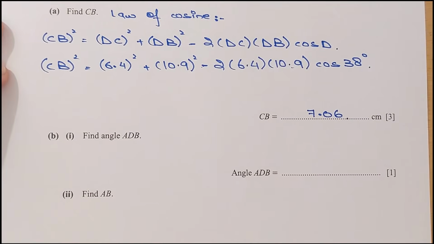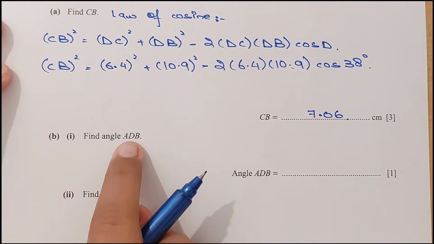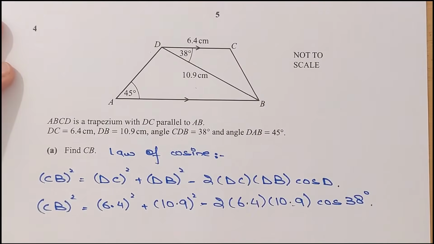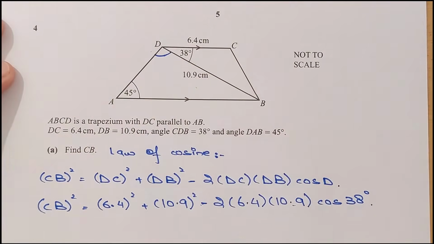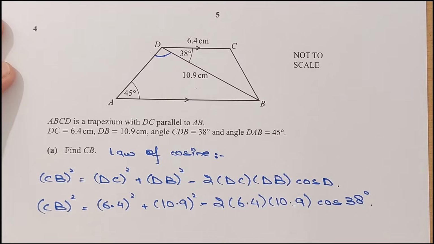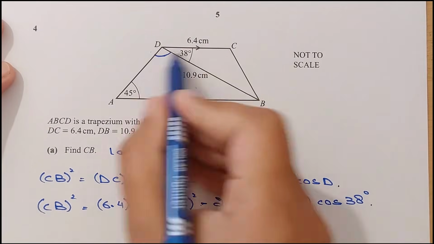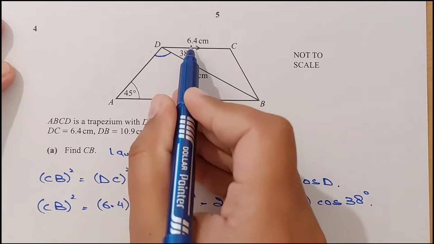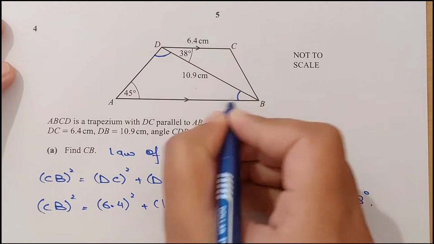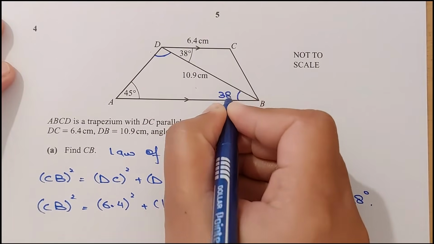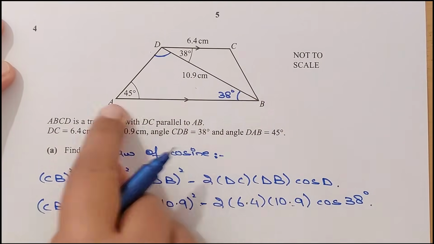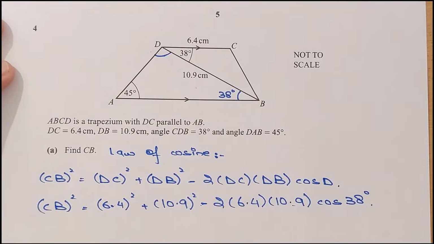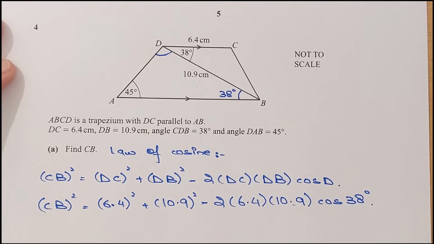Now for part B1, find the angle ADB. This angle we have to find, right? To find this angle, it is understood that these two sides are parallel, so this angle is 38, this angle is 38. These two are alternate angles, right? So considering this triangle ABD, we have two angles. We can find the third angle using the sum of all angles of a triangle is 180.